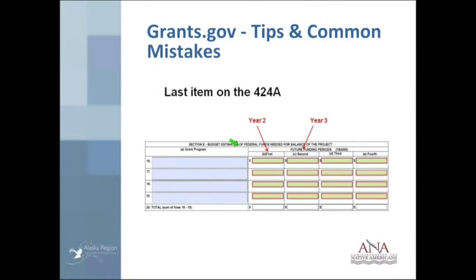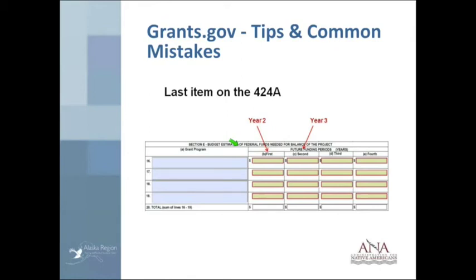And lastly, on the 424, this is a little bit odd, but we've been talking about your year one budget, so you're probably wondering, okay, where do I show my year 2 and my year 3? Or if you're a SEDS project or not, you've got potentially up to 5 years. So section E is your budget estimate of federal funds needed for the balance of your project.